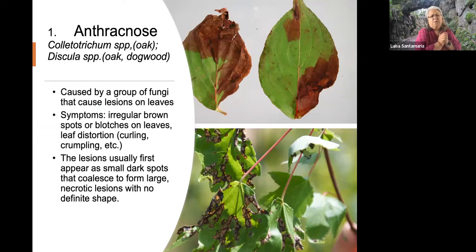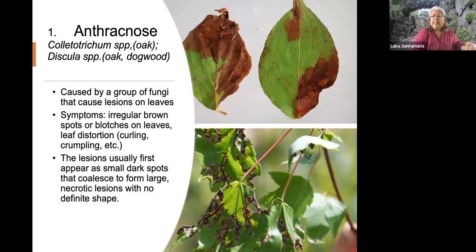It could be from brown color to blotches of leaves. Sometimes it could cause distortion or curling in the leaves. The lesions can start as small dark spots, but then they keep growing and coalesce to form a large spot. And at the end, all this tissue will be damaged and necrotic.